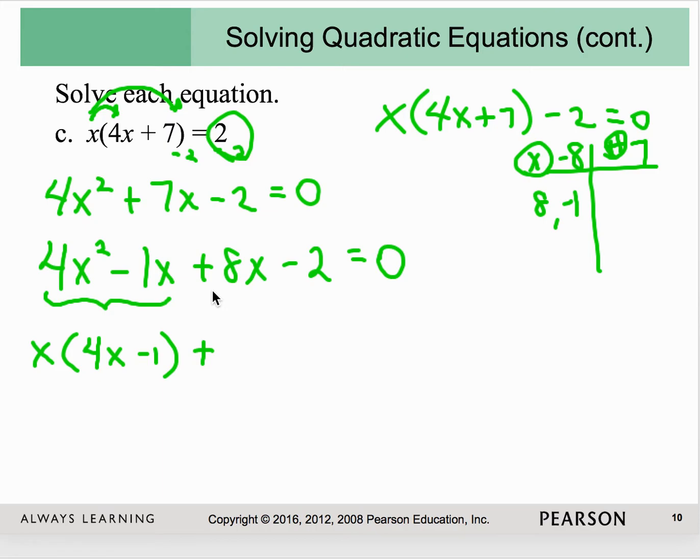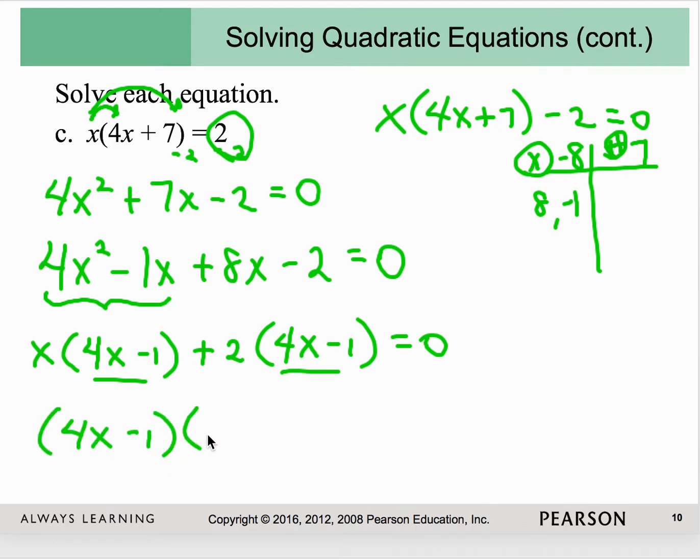Here, now I got a plus sign, so no worries. Factor out that 2. That's 4x minus 1. Now we have a 4x minus 1 in common. And that leaves an x plus 2. So I know that either 4x minus 1 equals 0 or x plus 2 equals 0.